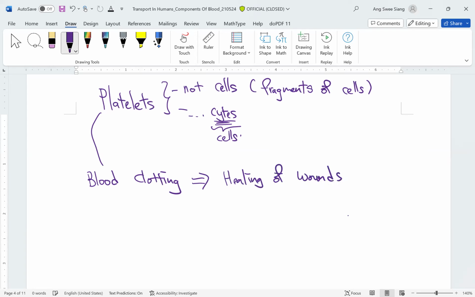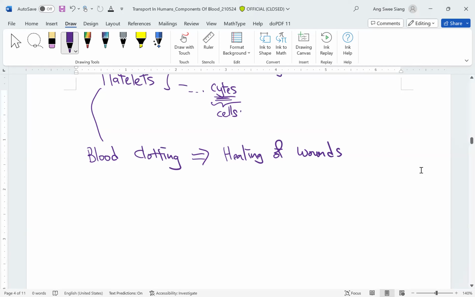When there is a wound, that means there is injury. When we cut ourselves or some accident happens, blood vessels and body cells are damaged, and blood starts to flow out of the blood vessel. So when there is a wound, there are damaged cells.